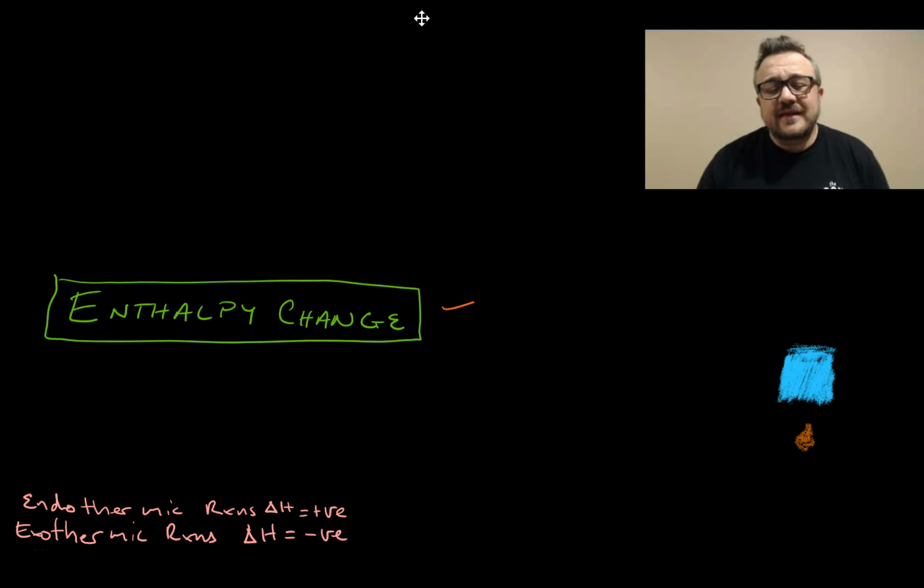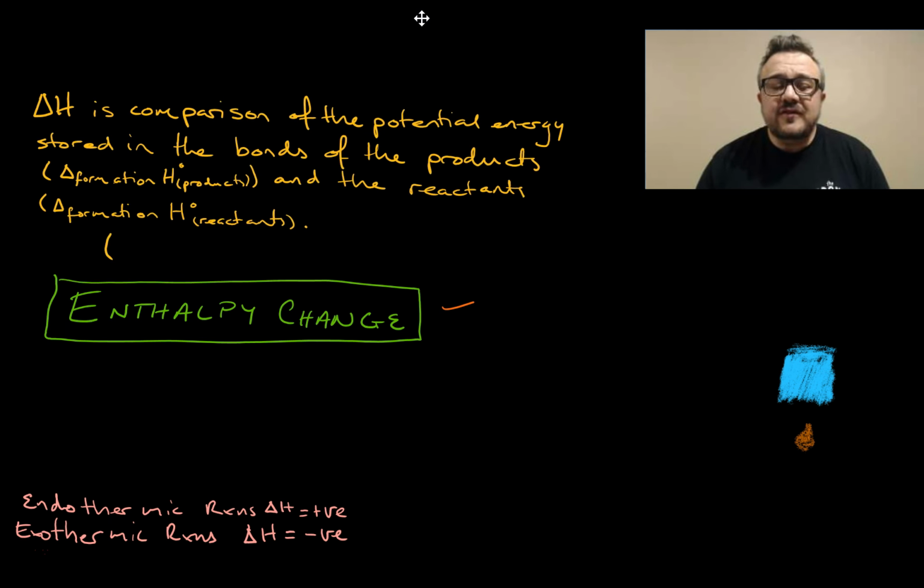So what is an enthalpy change? First, delta H, which is our symbol for enthalpy change, is the comparison of potential energy, basically all the heat energy stored in the bonds of the products. We're comparing that to the reactants.